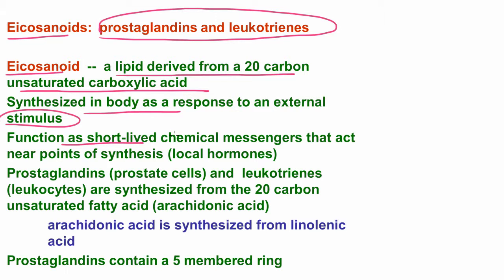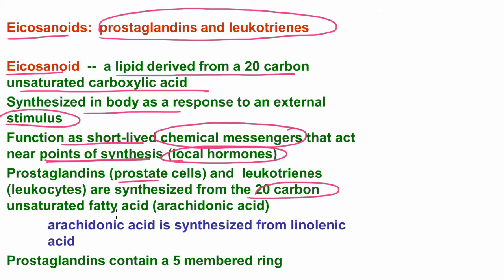They function as short-lived chemical messengers, so similar to hormones, and these act near the point of synthesis, unlike hormones. We refer to them as local hormones. Prostaglandins and leukotrienes are synthesized from the 20-carbon unsaturated fatty acid called arachidonic acid.